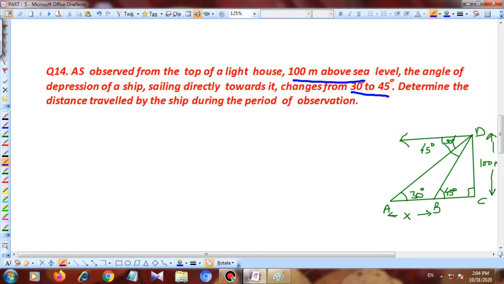Determine the distance traveled by the ship during the period of observation. Means our aim is to find x. Means the angle changes from 30 to 45 towards the observer.